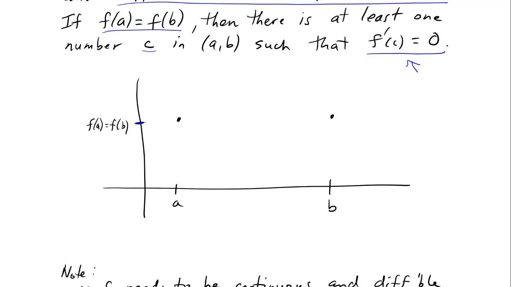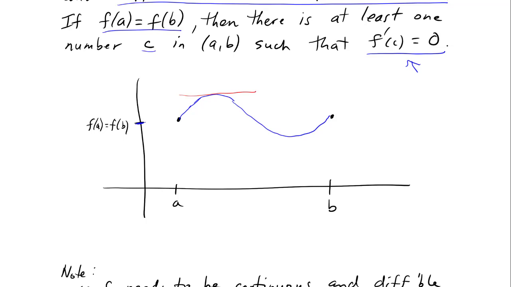Now notice that, let's say I start from A and I head upwards. Well, if I'm going to get back to B, I'm going to have to head down again. And from there, I could go straight to B, or maybe I come down, I go below, and I come back. Doing this, what you see is I've actually created two places where I have a horizontal tangent line.